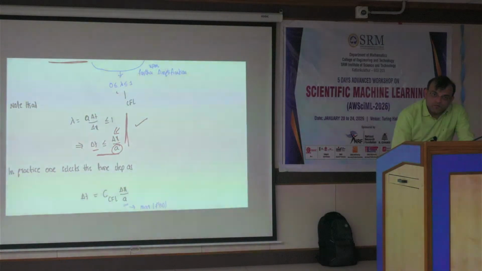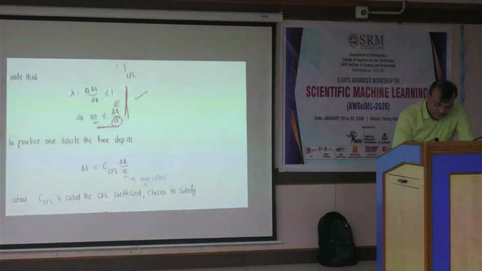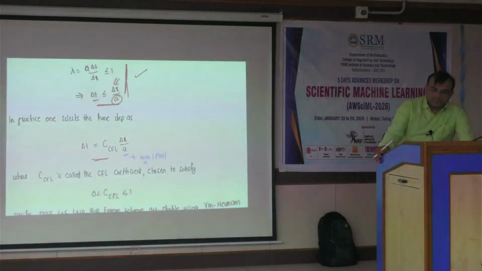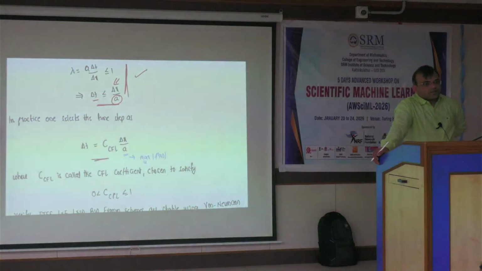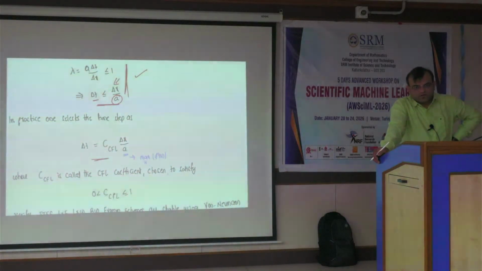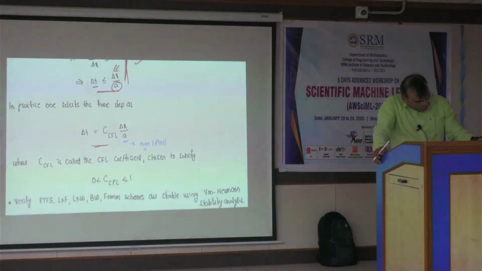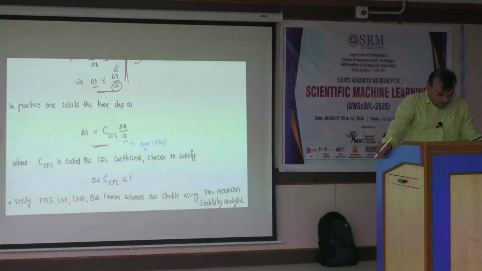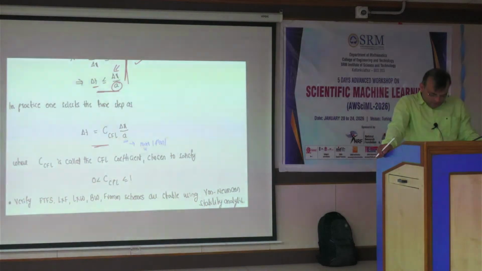This is what theory suggests, but in practice we always use delta t equals a constant times CFL into delta x by a. How big or how small we have to take this constant will come from the model in general and the stability of the numerical scheme.